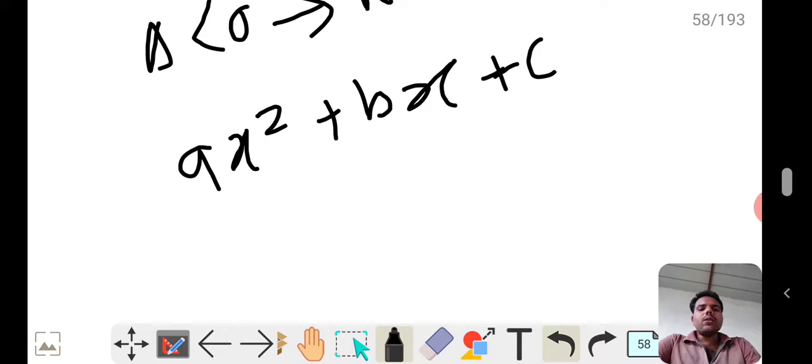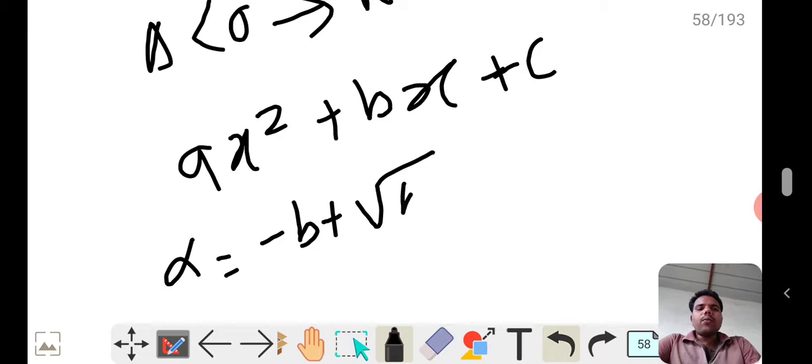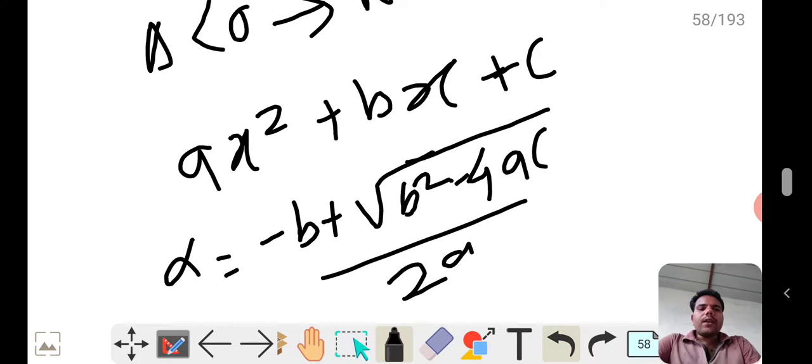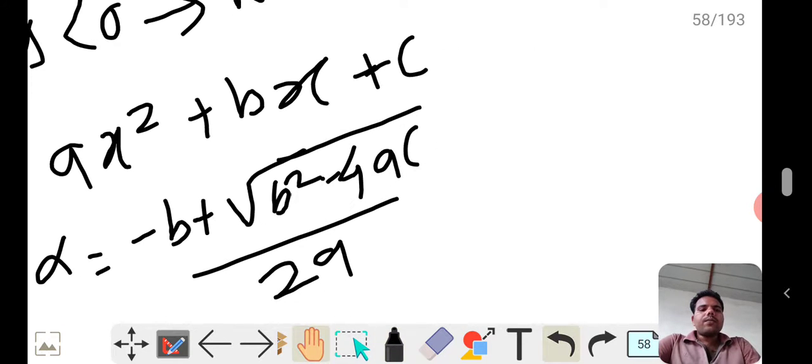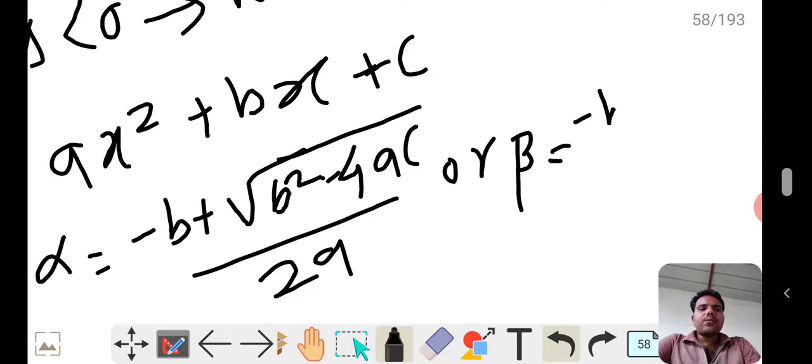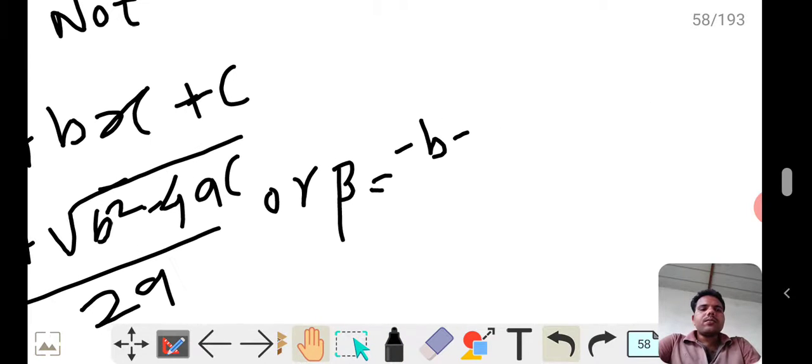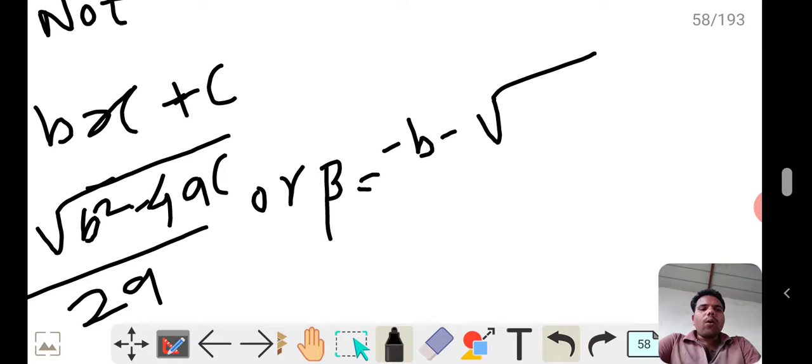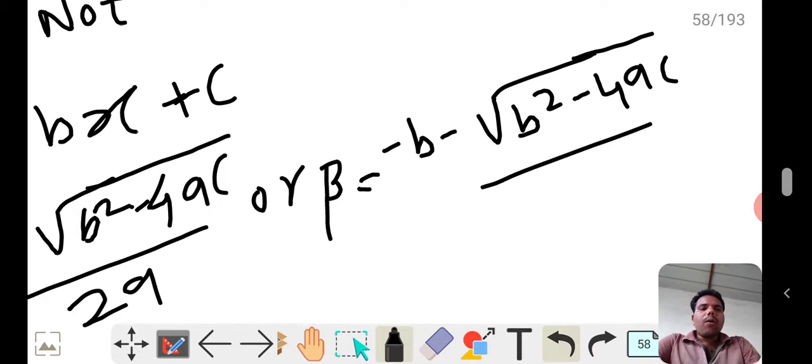Here we can write alpha is equal to minus b plus under root of b square minus 4ac upon twice a, and beta is equal to minus b minus under root of b square minus 4ac upon twice a.